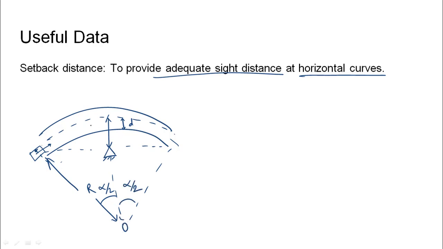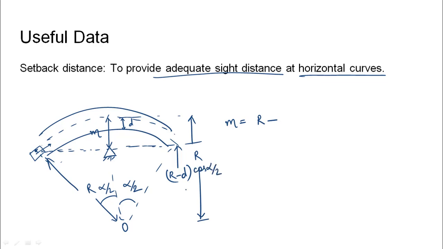So the setback distance, that is m, will be given by m equals R minus, where this distance is R and this distance is R minus d into cos of alpha by 2. So setback distance m would be given by R minus (R minus d) cos alpha by 2.